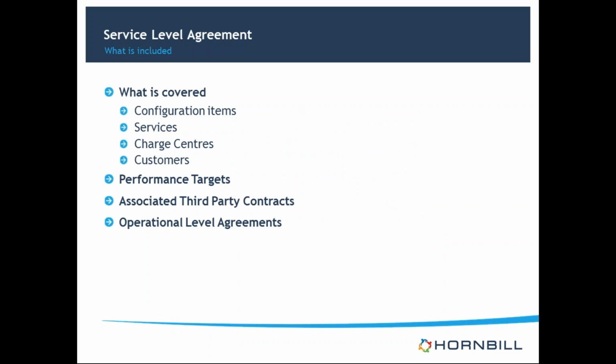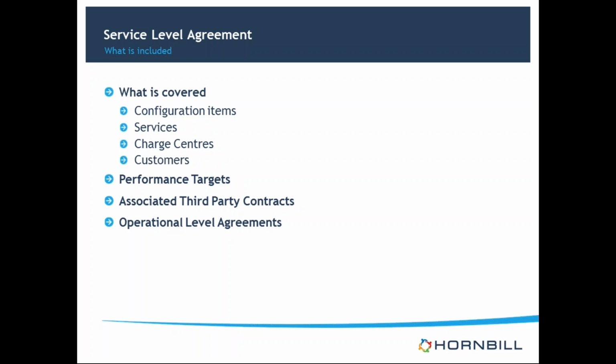So, what's included in a service level agreement? We need to understand what's covered. As I mentioned, we specify those services which we are agreeing with the customer in terms of delivery times, in terms of when we would support it, what kind of support we offer, and so on and so forth.